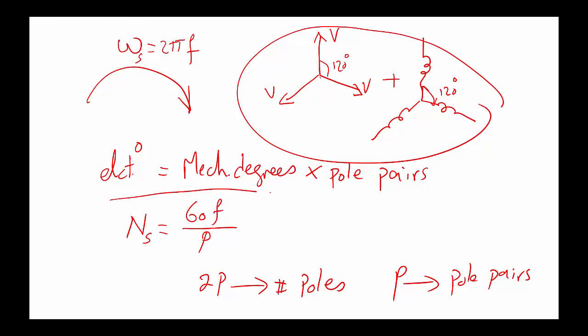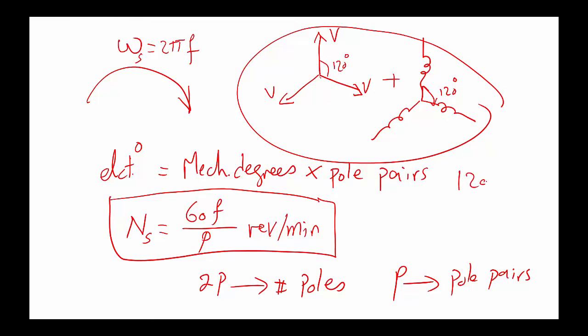If you forget, some books say 120 f over p. Why? Their notation there is the number of poles, not pole pairs.